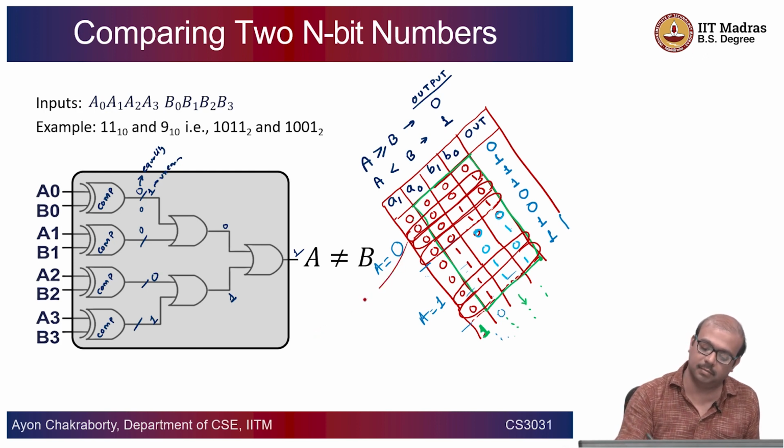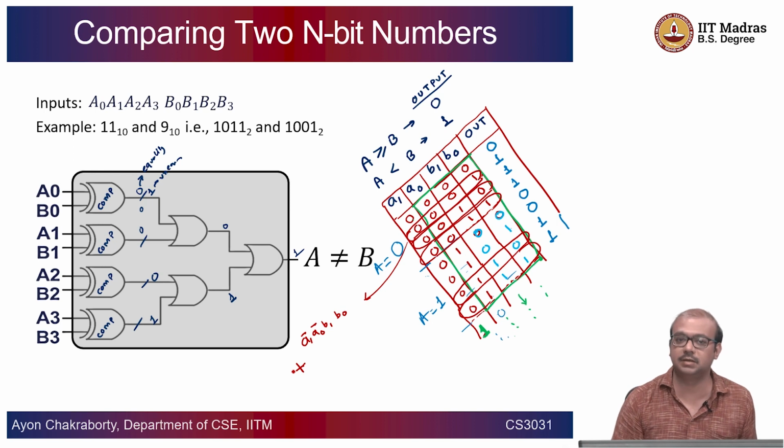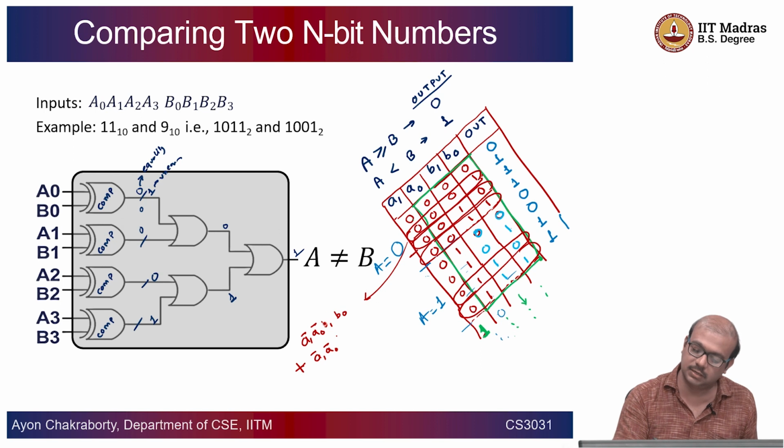For the first min term, let us say it is A1 bar, A0 bar, B1, B0, right, and then you have to write a plus because you are trying to make a sum of products expression, because these are the min terms that you are picking up. The next term is this, which is again A1 bar, A0 bar, followed by B1. So, the first one is I think B1 bar B0, this one is B1 B0 bar, right. Yeah.